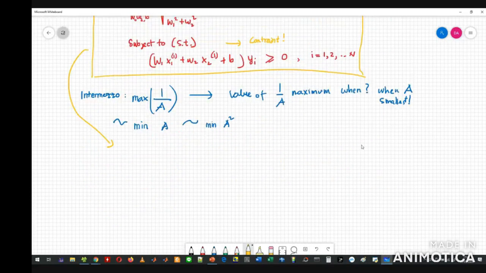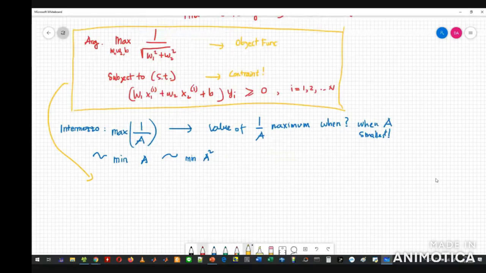I will write this maximization problem as a minimization problem. Minimization with respect to what? Half of W1 squared plus W2 squared. I put a half in it because it's much easier when we derive it, when we try to find the minimization of that. So the two cancels each other. Okay. So the argument is exactly the same.